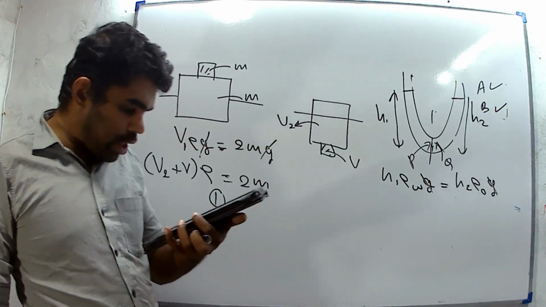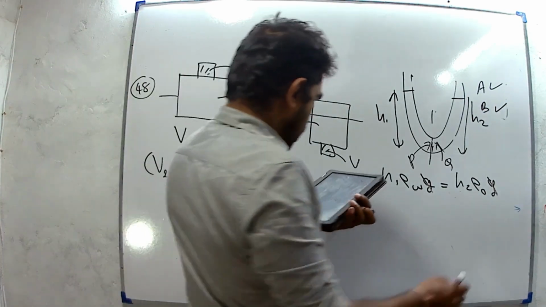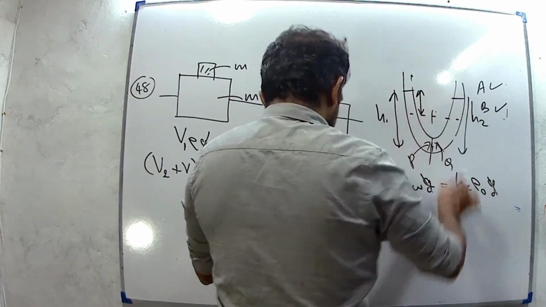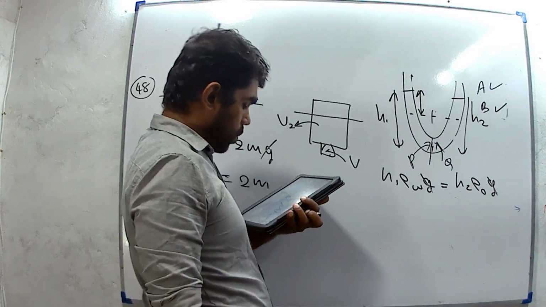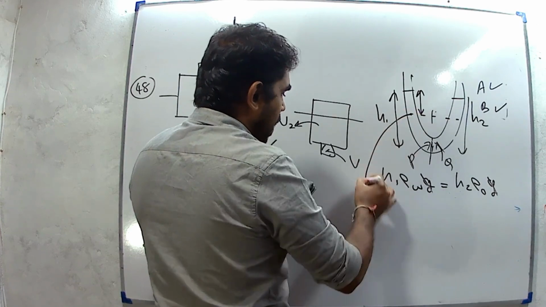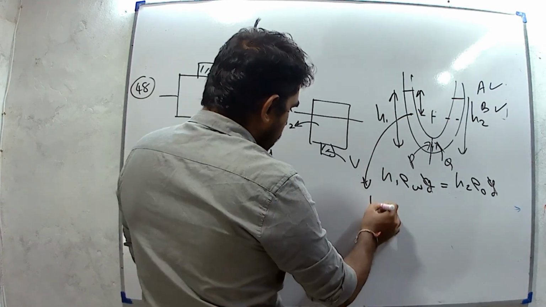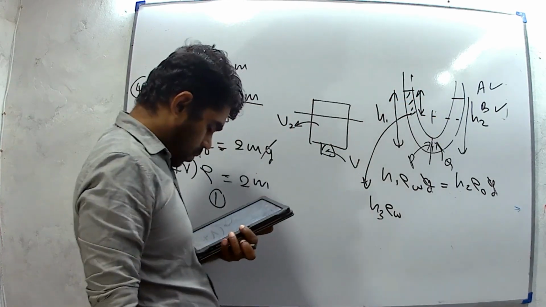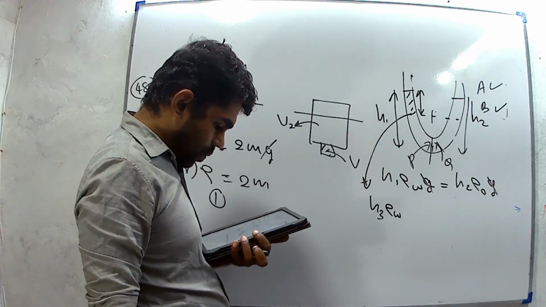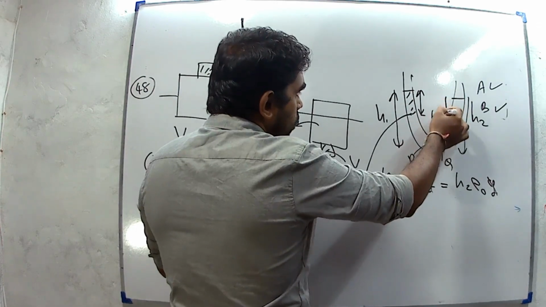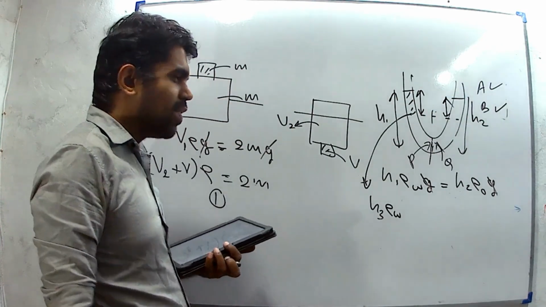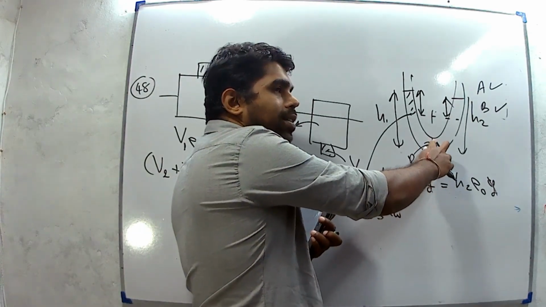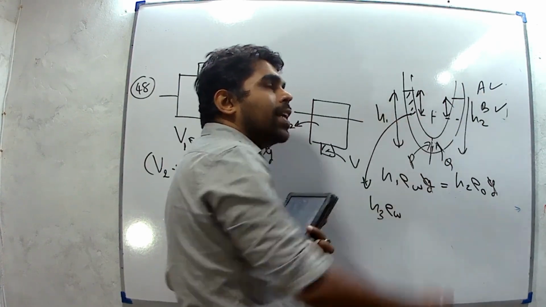C: H3 height is this height. H3 rho W is the pressure due to this water column, which should be equal to H4 rho W. We know that when considering this point, there is no movement to the right-hand direction or left-hand direction.